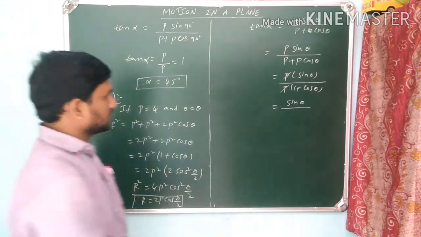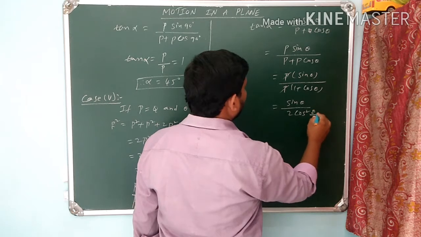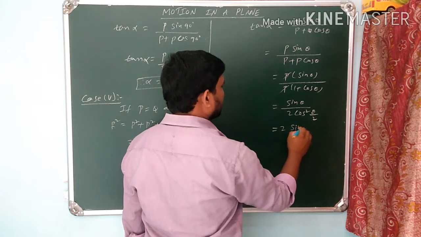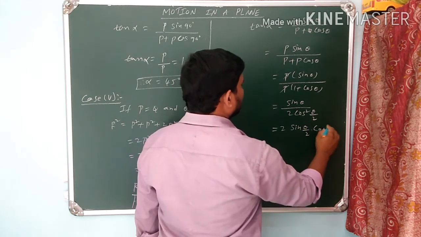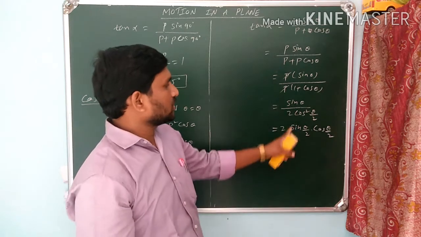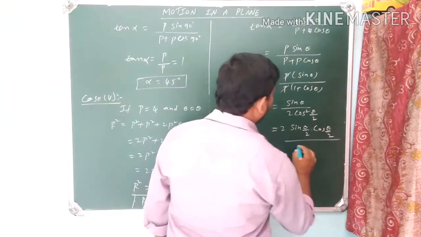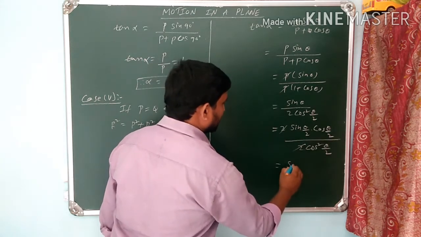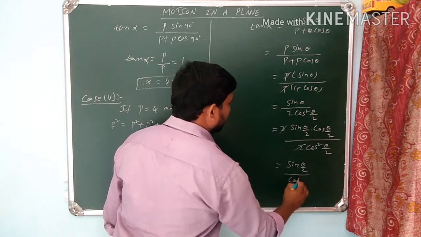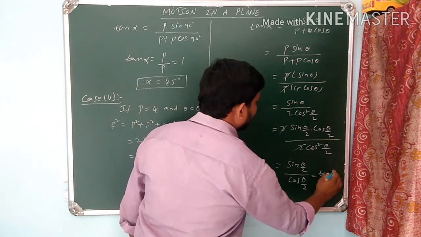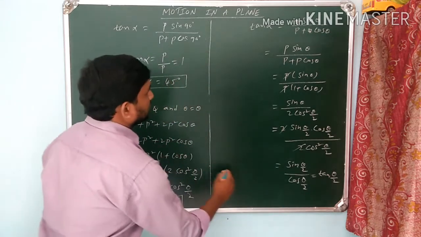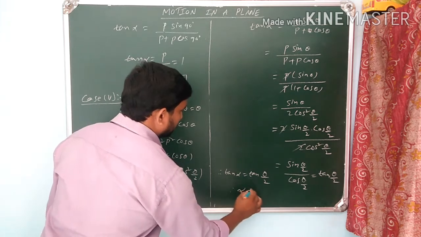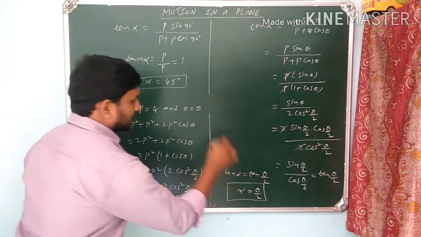Already we know that 1 plus cos theta means 2 cos square theta by 2, and sin theta means 2 sin theta by 2 cos theta by 2 from the trigonometric function, sin 2 theta is 2 sin theta cos theta. So we have 2 sin theta by 2 into cos theta by 2 over 2 cos square theta by 2. The 2 gets cancelled, a cos function gets cancelled. We are getting sin theta by 2 by cos theta by 2, then we are getting tan theta by 2. Okay, sin by cos. Therefore tan alpha equal to tan theta by 2, therefore alpha is equal to theta by 2.